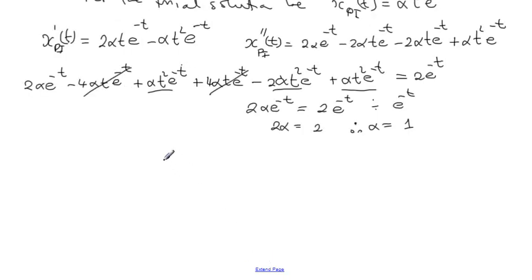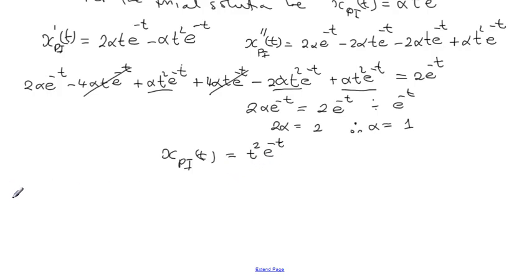So in this case now, we conclude that our particular integral is simply 1 times t squared e to the power minus t. So in this case now, we see that when we arrived here at the end, we didn't have any contradiction, and we were able to solve for alpha and get our particular integral.